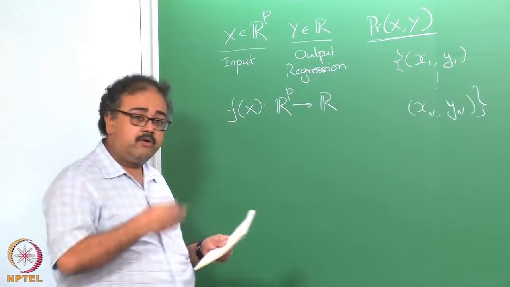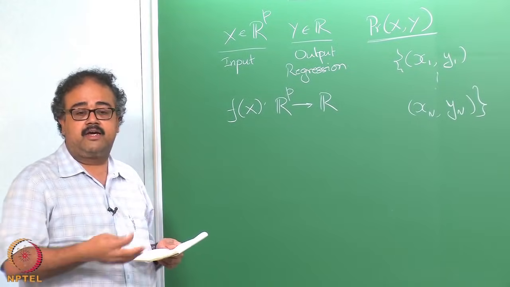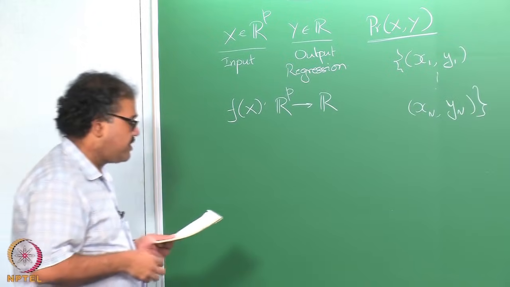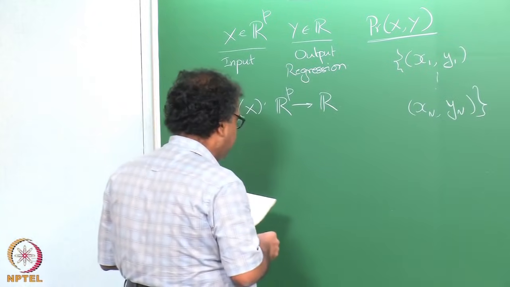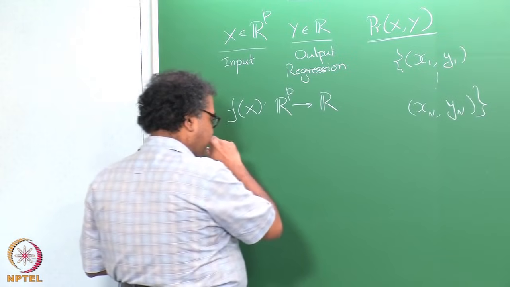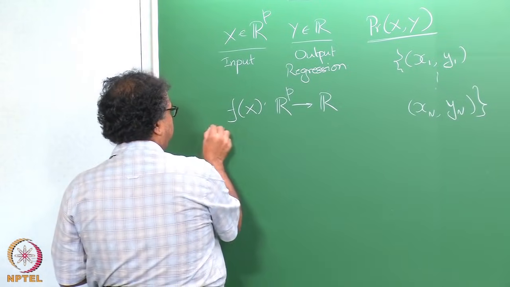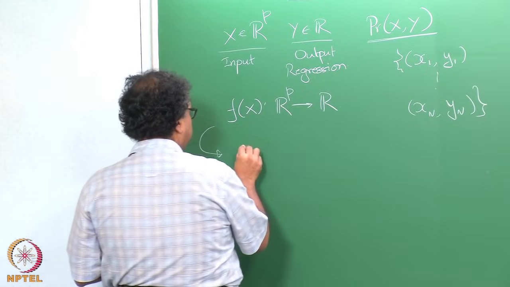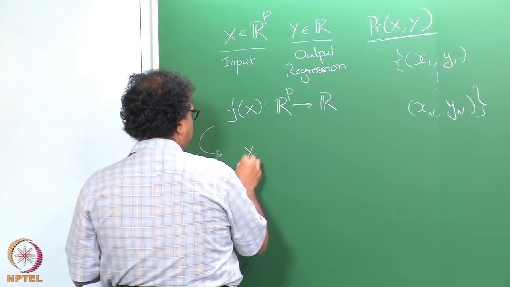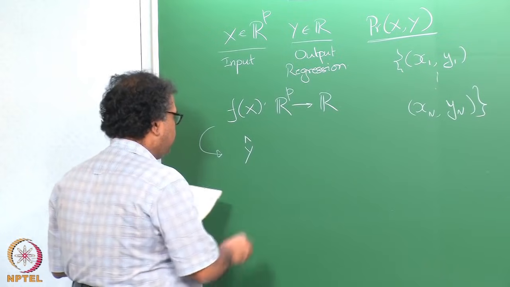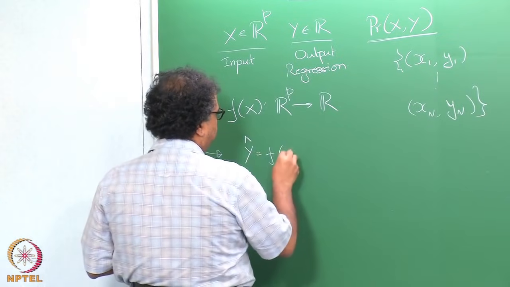So, f could take different forms. We looked at f being a straight line in the example that we saw earlier. So, one example of f would be saying that I am going to predict y hat equal to f of x.